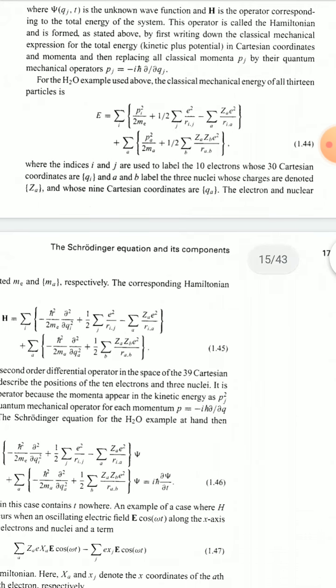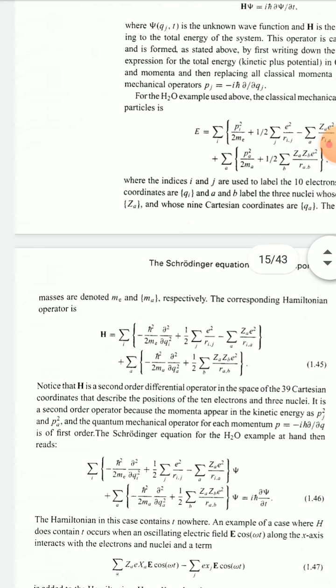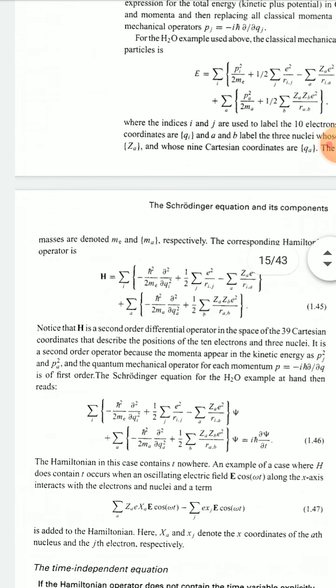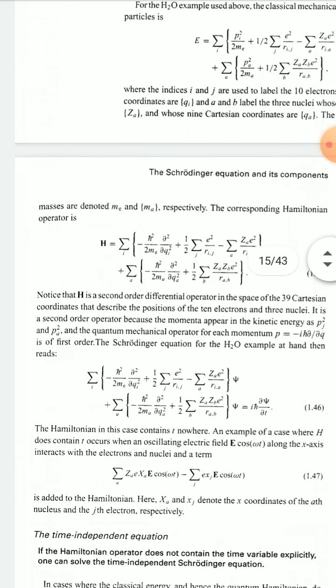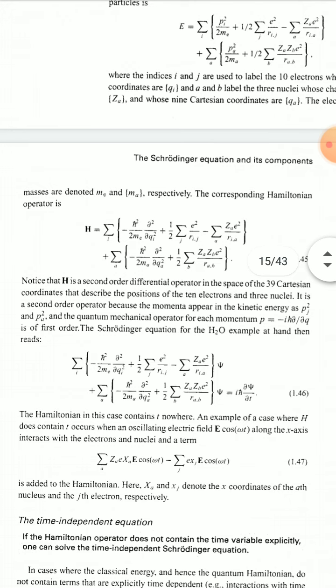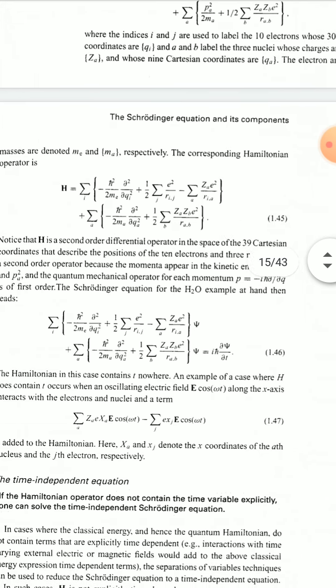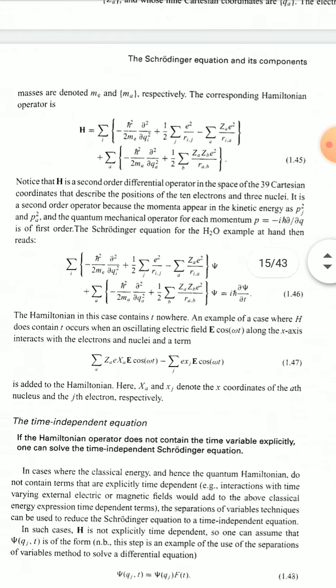The electron and nuclear masses are denoted me and ma respectively. The corresponding Hamiltonian operator is given by equation 1.45.